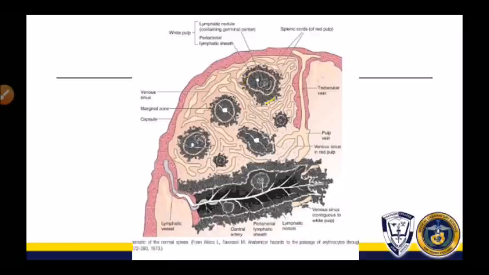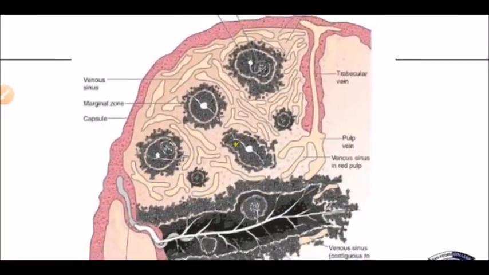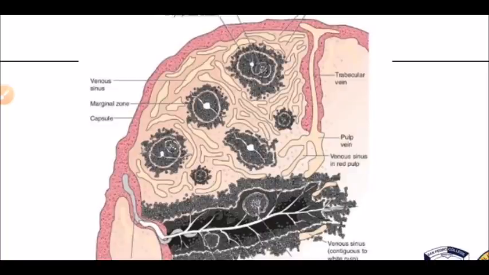Here the B cells or lymphocytes encounter the antigen, and with that, antibody production happens. This is the red pulp. In the red pulp happens the RBC removal. So, the spleen is very meticulous. Any defective part of our RBC, it removes.